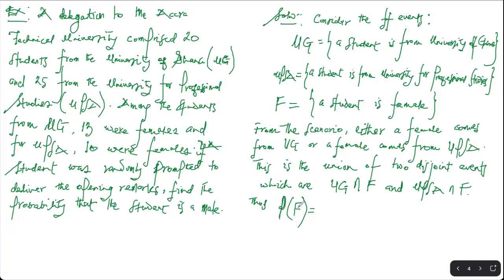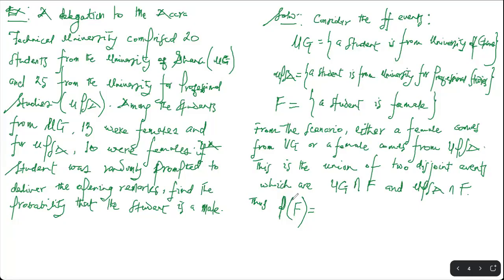The probability of being a female here is just like the probability of finding B. Keep in mind we have the sample space, and the sample space here is every member of the delegation, male, female, UG or UPSA, coming to ATU, right?